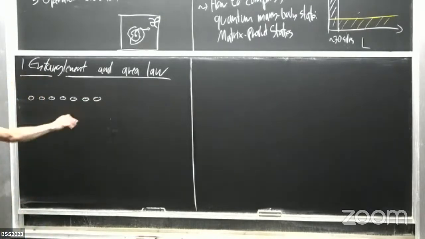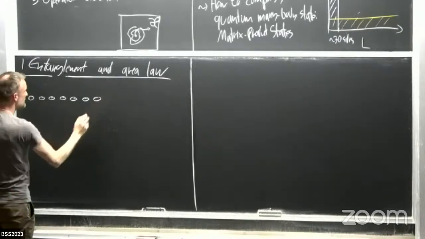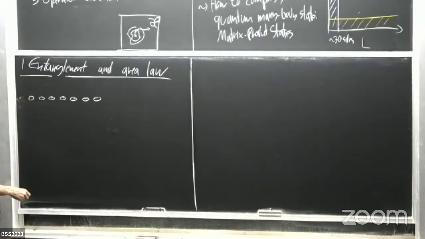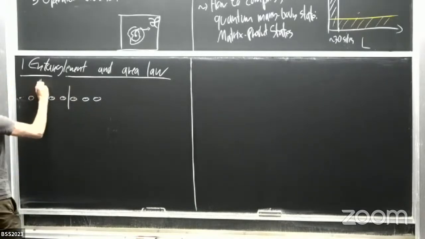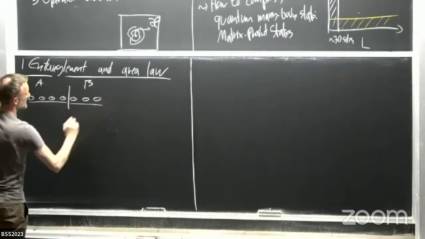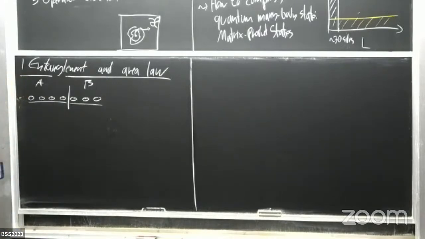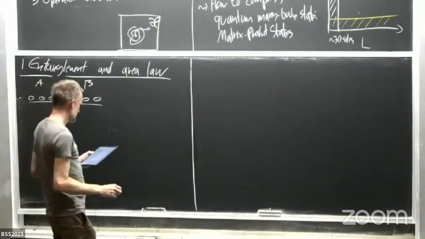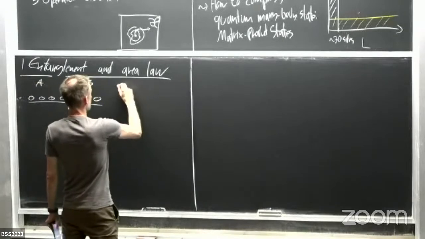So in particular, this is now our one-dimensional chain. And now I want to do a bipartition. So I want to cut my system into two parts. I'm having now my subsystem A and subsystem B. And now I want to look at how the degrees of freedom in A are entangled with the degrees of freedom in B. And this is measured by various quantities.